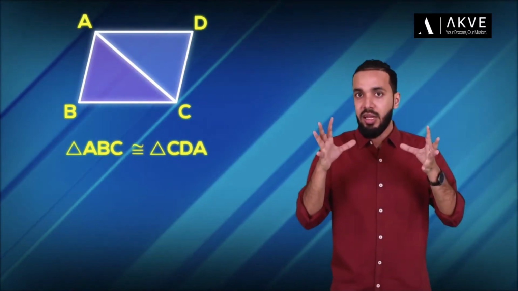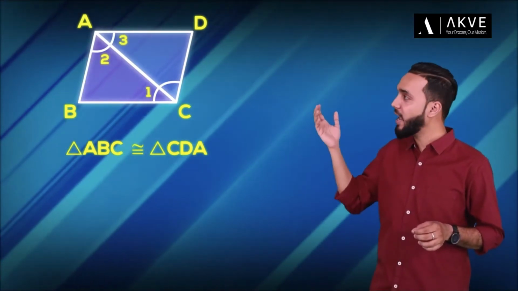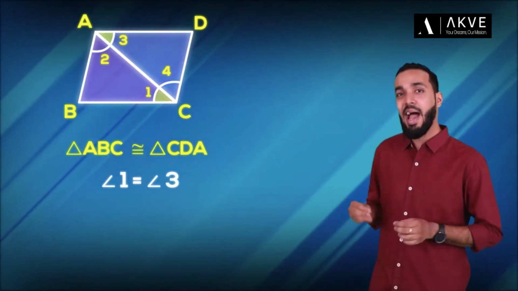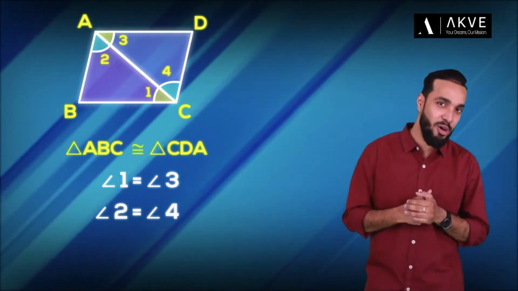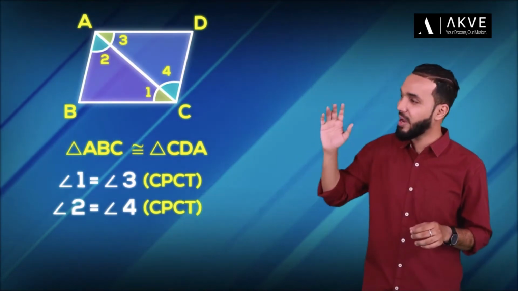Thus, triangle ABC is congruent to triangle CDA by the side criteria. Now, if we name these angles over here 1, 2, 3 and 4, we can say that angle 1 is equal to angle 3 and angle 2 is equal to angle 4 because they are corresponding parts of congruent triangles.